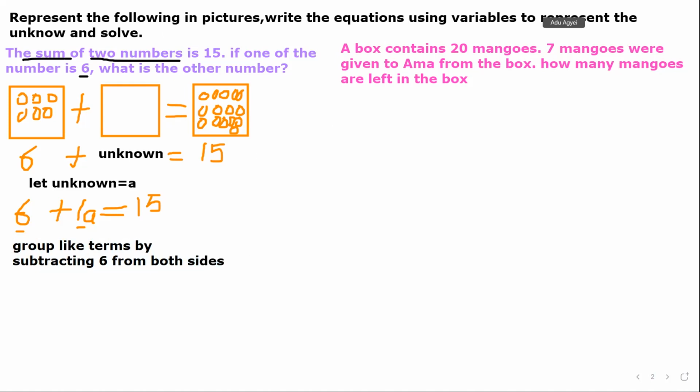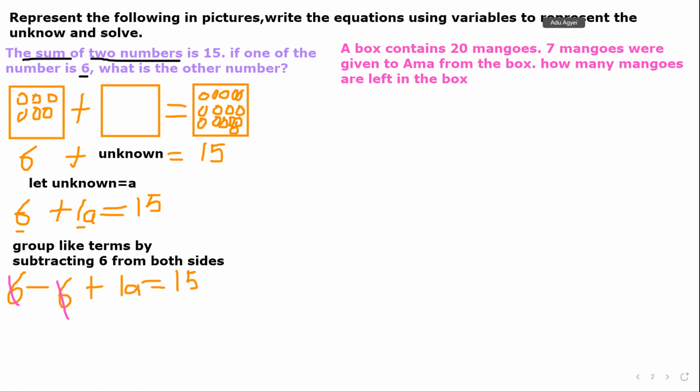Therefore, our equation will be 6 minus 6 plus 1A equal to 15. Okay, good. This 6 will cancel this 6 because a debt of 6 and a cash of 6 will cancel to get 0.